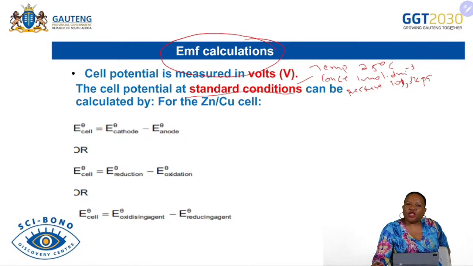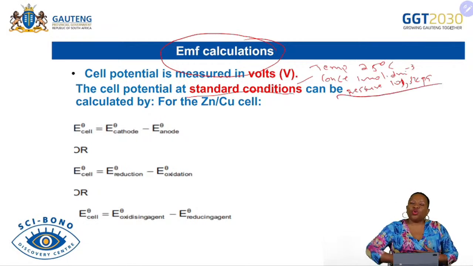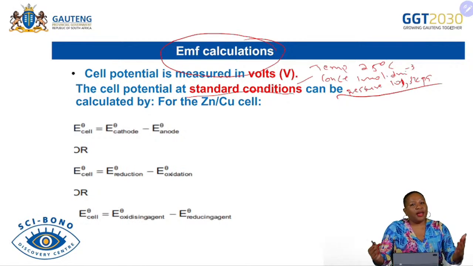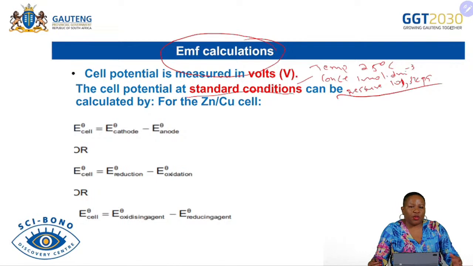The standard conditions are also provided in your exam guideline. Therefore, it is very important that you know which conditions are relevant for which type of cell. Because if you are using only solid and aqueous solutions, then there's no need to include pressure. Temperature can be applicable in everything. Concentration can be applicable in everything because we have electrolytes.